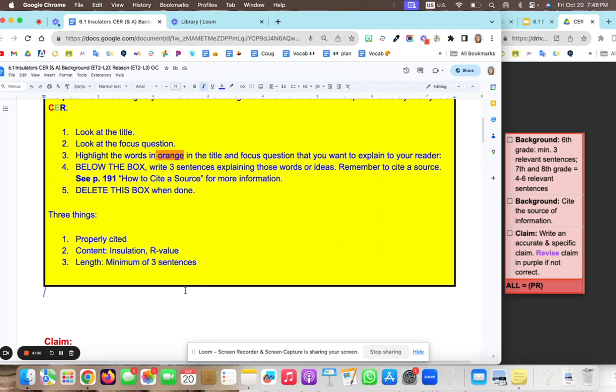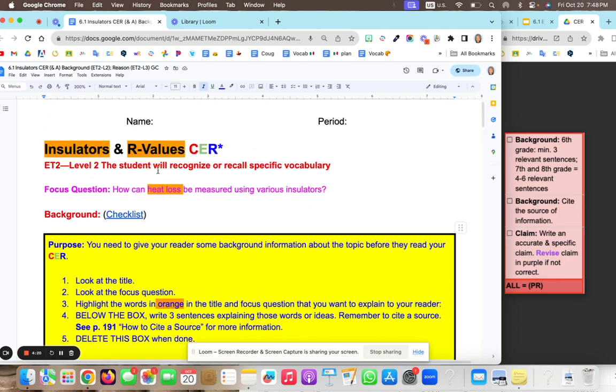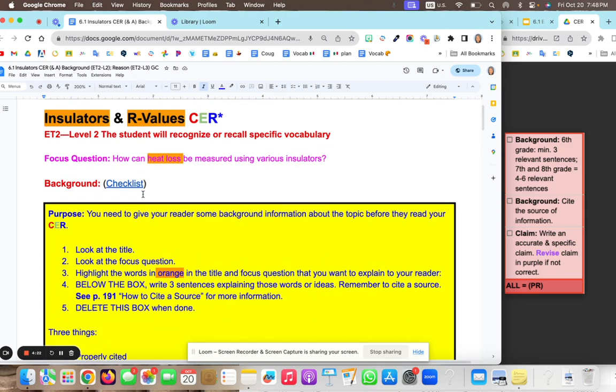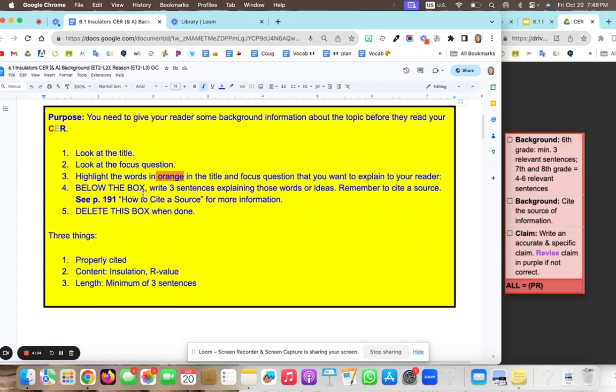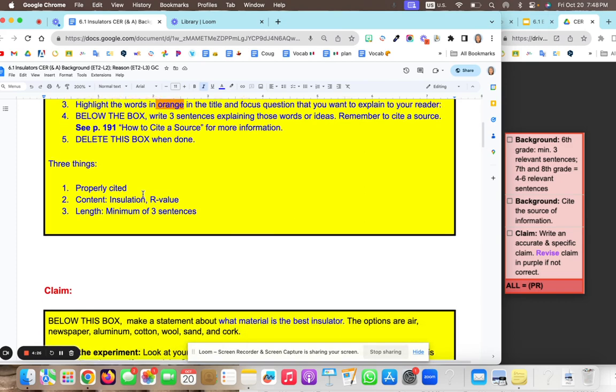You're going to say, according to the insulation R values reading on page blank in the ISN, it says, and then you have to put things in your own words here. So those are the 3 things: properly cited, talking about insulators and R values to give your reader some context for what's going to come, maybe talking about heat loss as well, a minimum of 3 sentences.